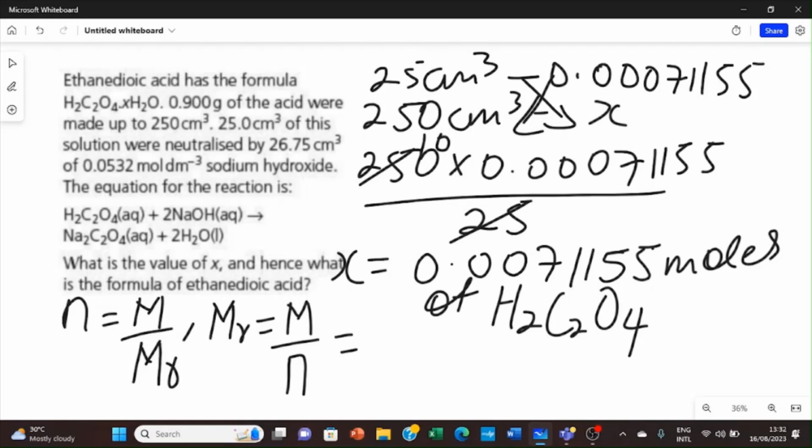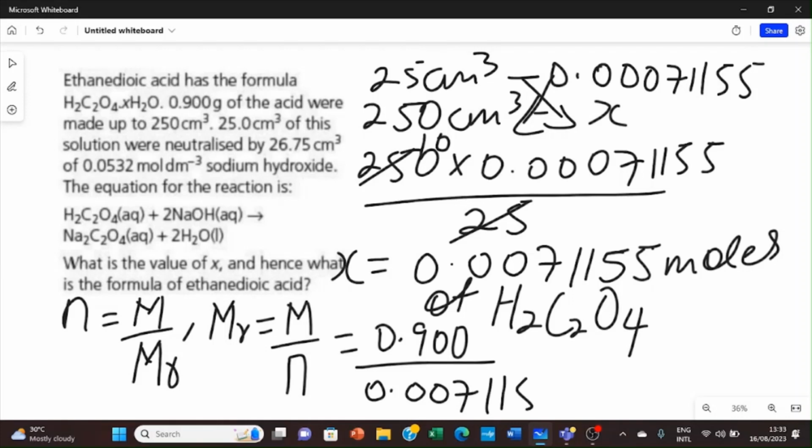So the mass in 250 cm3 is 0.900 over the number of moles in 250, which is 0.0071155.